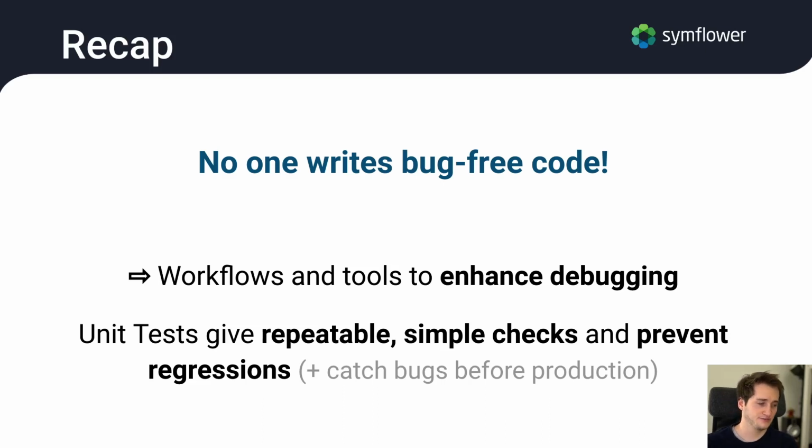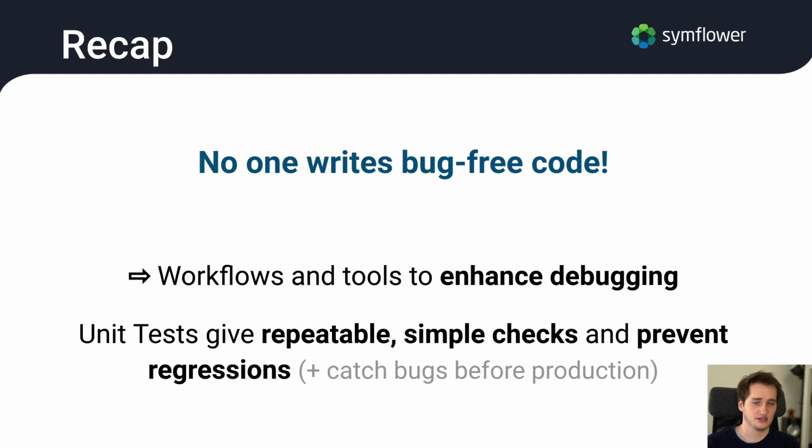And debugging can drive you insane, can drive you crazy, and can take a lot of time. But we have to do it. So we need some tools and workflows to enhance our debugging workflow to not drive us insane.